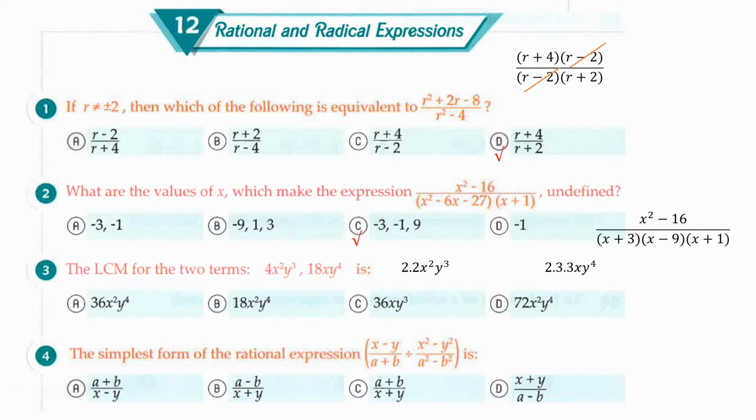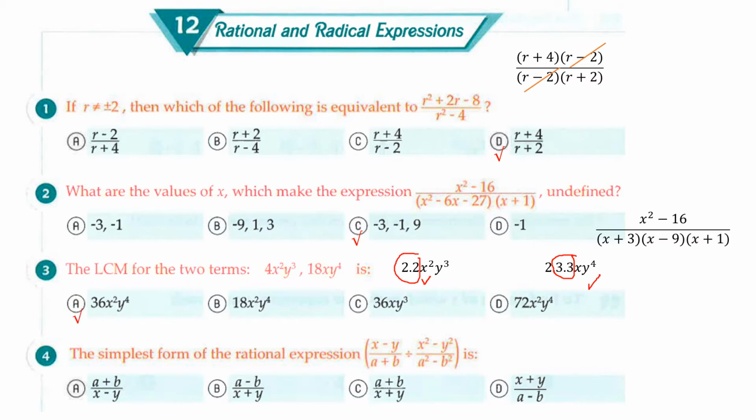So I will take 2 times 2 because here it appeared twice while there it appeared once, and I will take 3 times 3 because it appeared twice here, and y to the power of 4 and x to the power of 2, and multiply them all by each other.